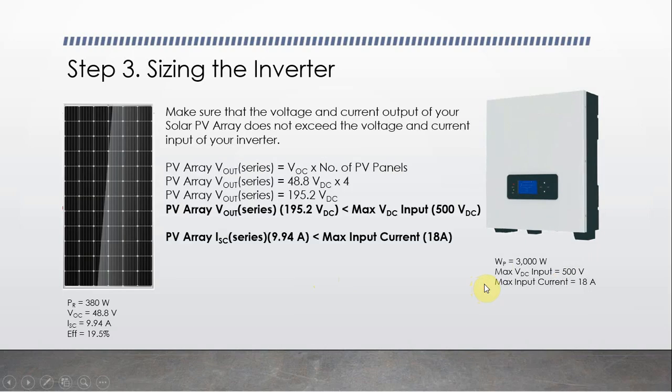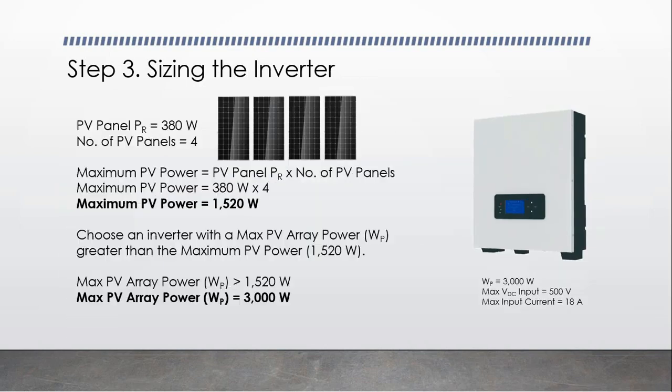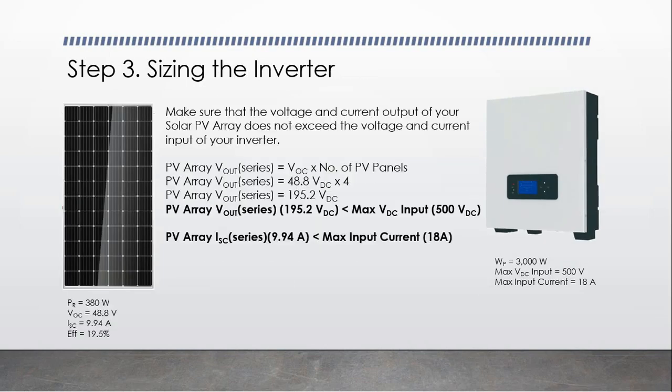Next, we'll check if the other inverter parameters such as the voltage input and the current input are enough with respect to our solar panel. Now suppose we will connect our solar panels in series. Let's check its output voltage.